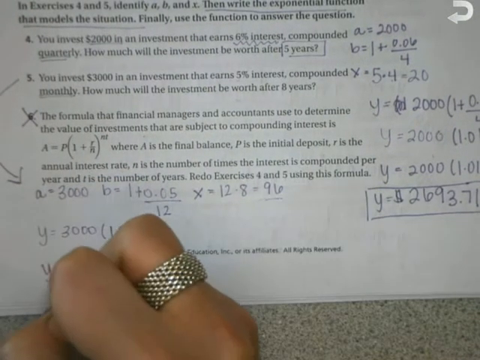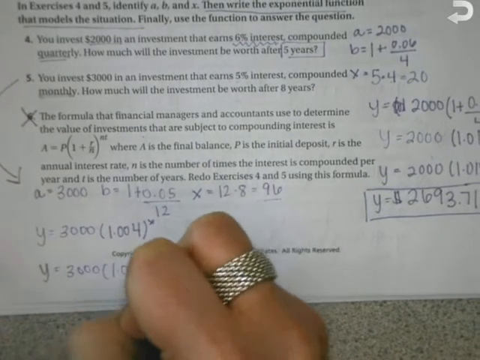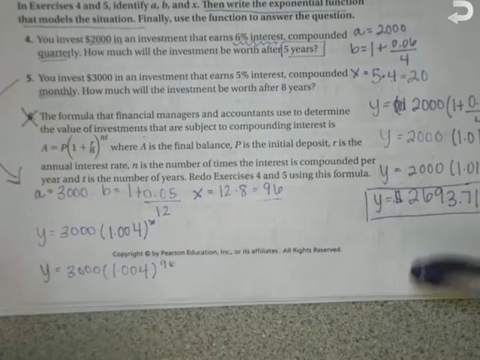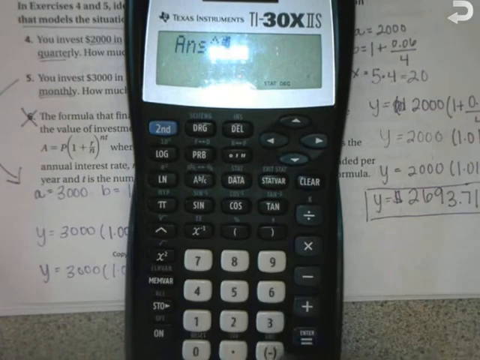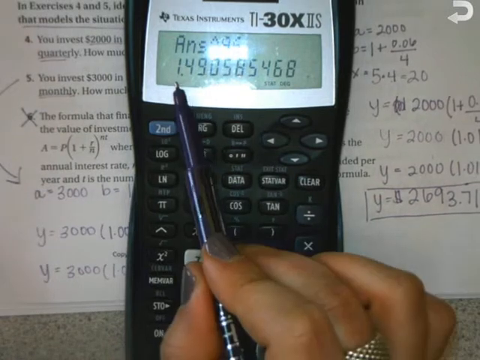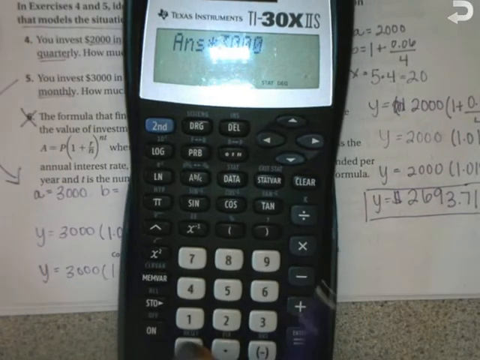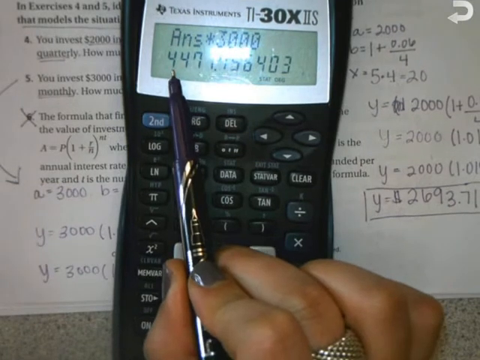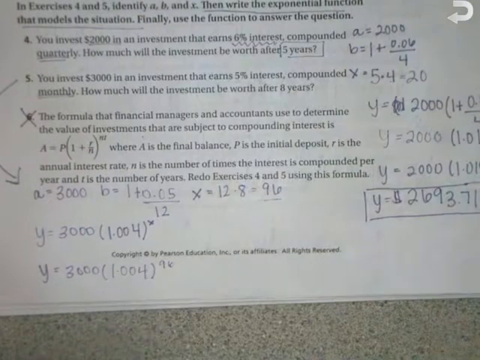So 3,000 times 1.004 to the 96. So I'm going to take this giant number that I got, raise it to the 96th power, and then I get this. And then I'm going to multiply by 3,000. So you should have got $4,471.76.